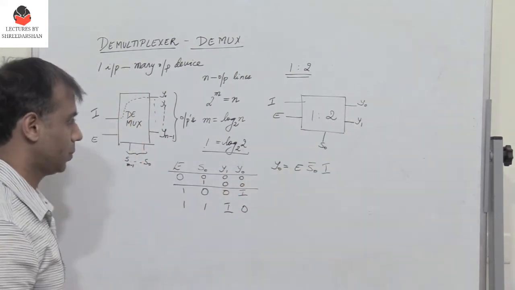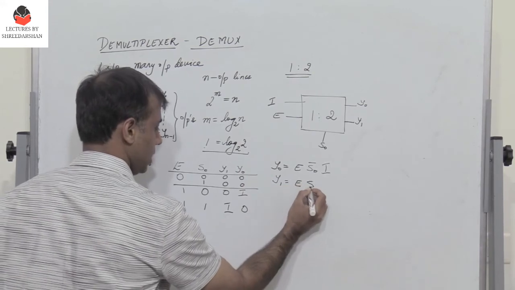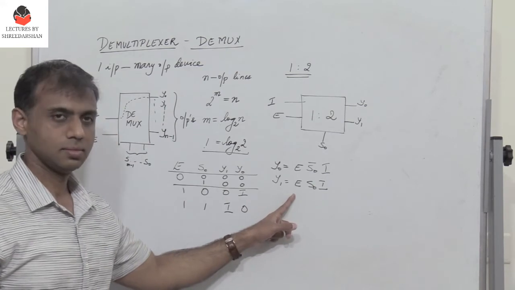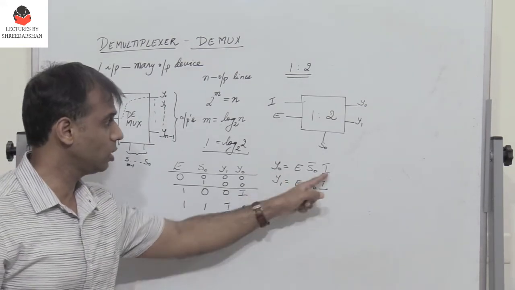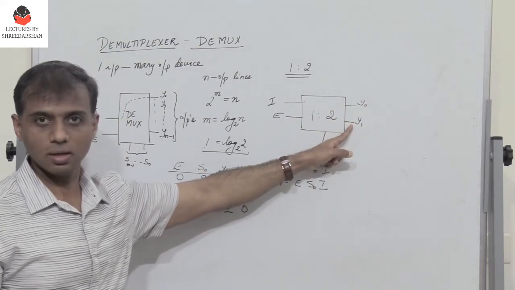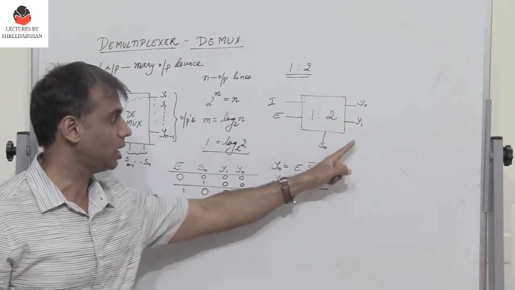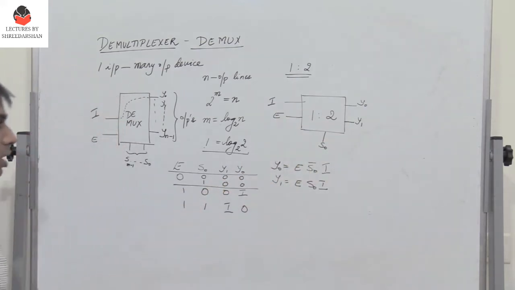Similarly, y1 is E, S0, I. So enable is 1, S0 is 1, and y0 is 0 because now I have selected the second output, which is y1. If the input is 0, I get 0 here, and if the input is 1, I get 1 here. So this is the expression for y0 and y1.